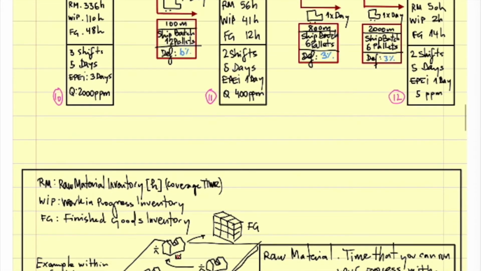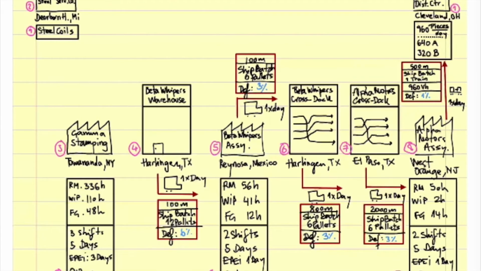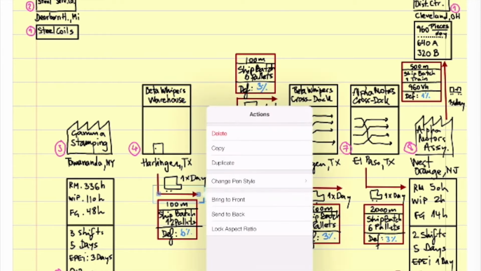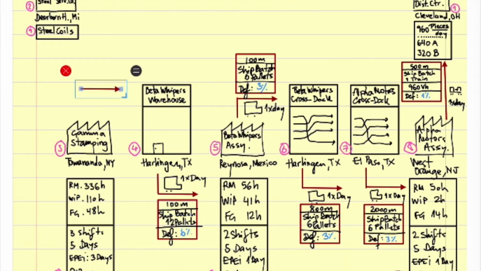Gut. Then from gamma stamping to the warehouse, we have also a delivery. Sometimes it doesn't work for some reason. So we have a delivery here.